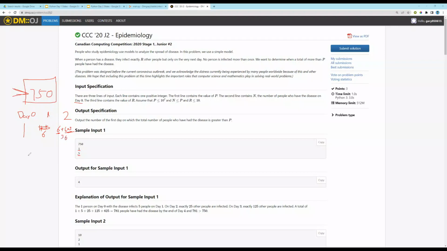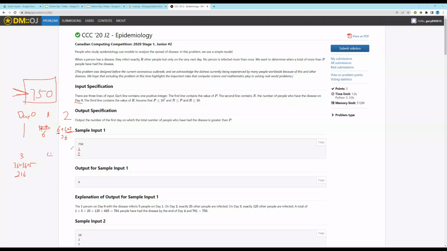So now there become 36. On day 3, we have 36 plus 36 times 5, which, let me just pull up the calculator, is 36 times 6, so 216. That's on day 3, but it still hasn't surpassed 750 yet.